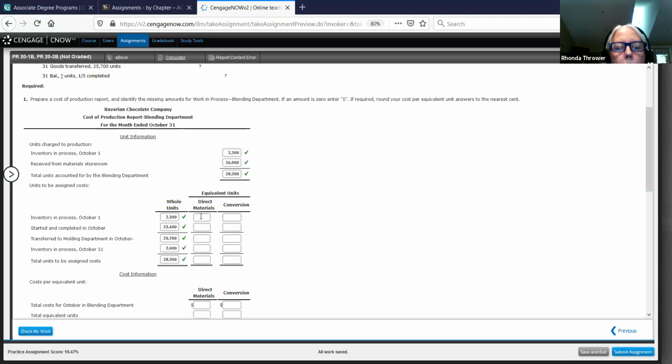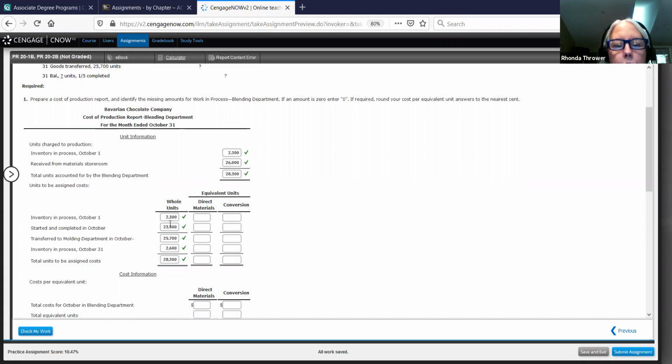I'm going to start with my direct materials equivalent units. What we want to put in here is the portion of direct materials units that we started this period. Now, what I've got written down here as whole units is my beginning inventory units that came from the last period of time.